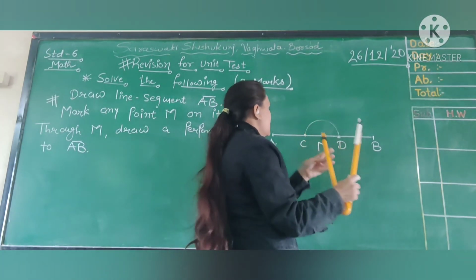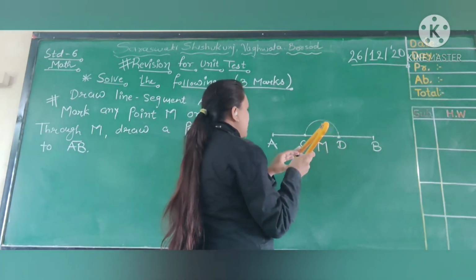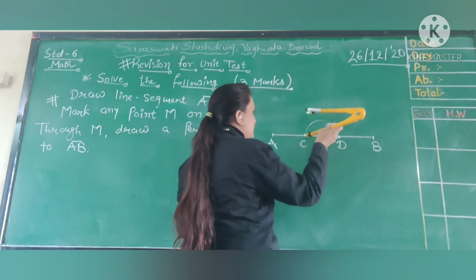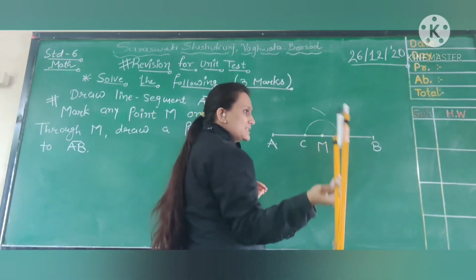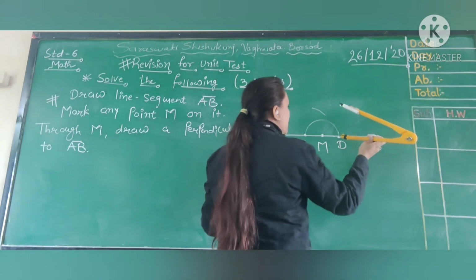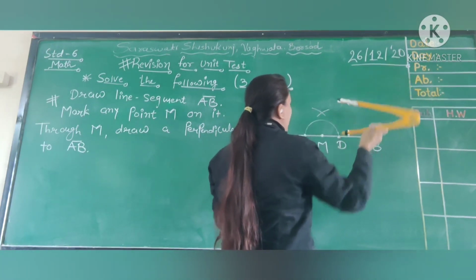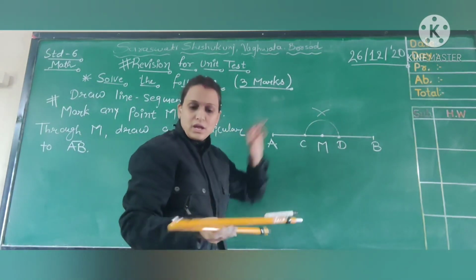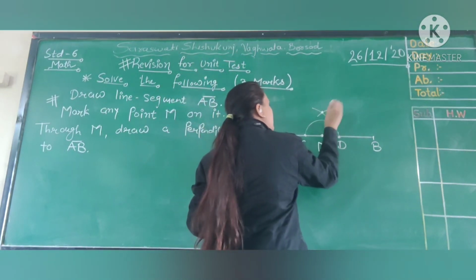Now to draw an arc, fix your compass point on C. With the same measurement, fix it on point D and draw an arc. So you can find one side like this. Let us name it Z.